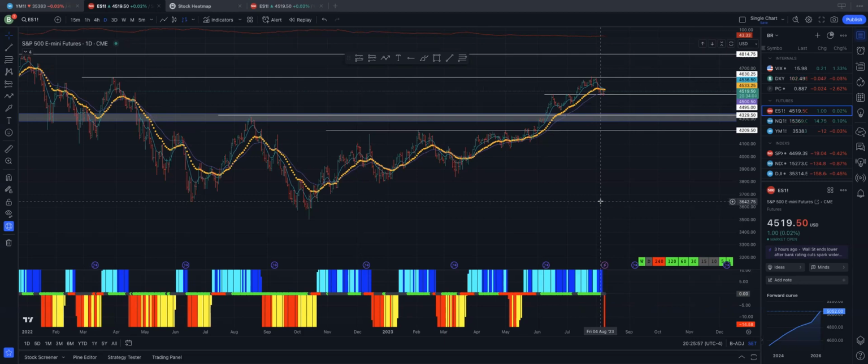For futures, I trade on Tradovate. And futures and options, I trade on Thinkorswim as well. Thinkorswim, I have a margin account that allows me to trade futures and options. So I trade both through there. And then I also trade through Tradovate as well.